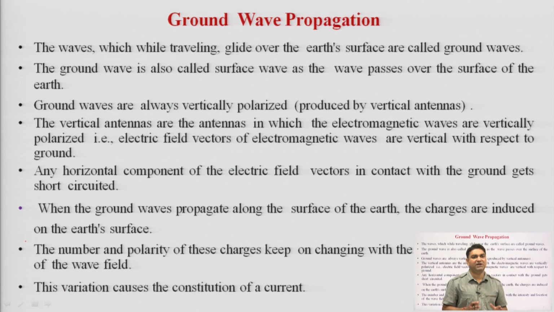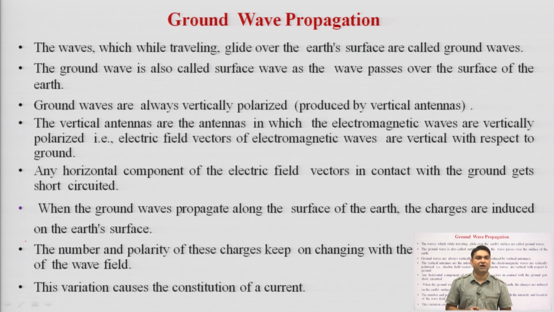That is why we can say that these waves glide over the earth's surface according to the curvature of the earth. The ground wave is also called surface wave as the wave passes over the surface of the earth.